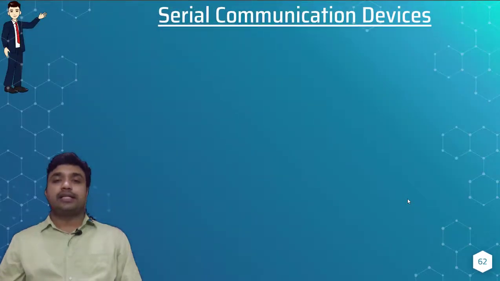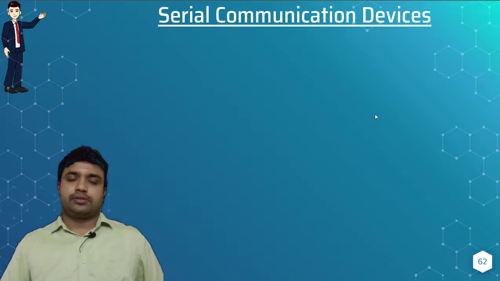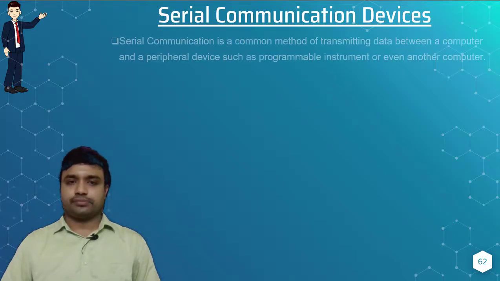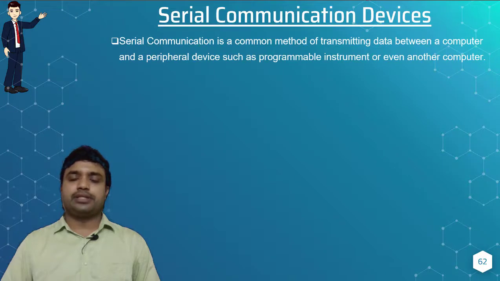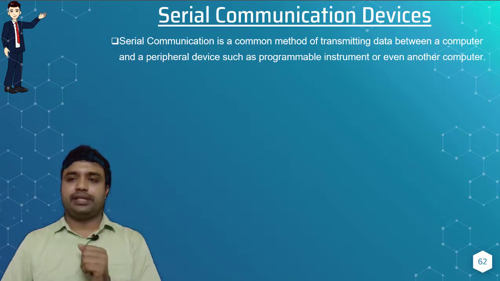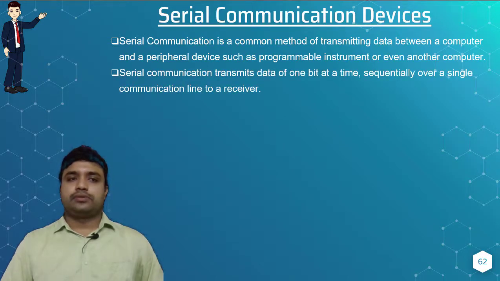The next one is serial communication devices. Serial communication is considered to be a common method of transmitting data between a computer and a peripheral device, such as a programmable instrument or even another computer.